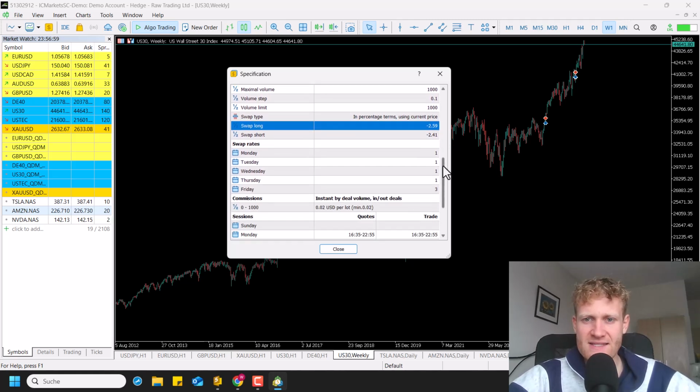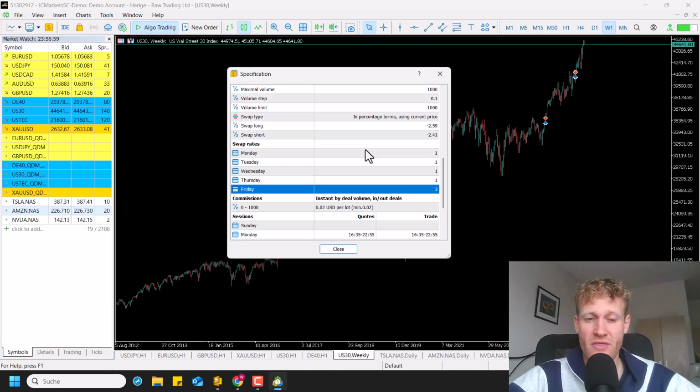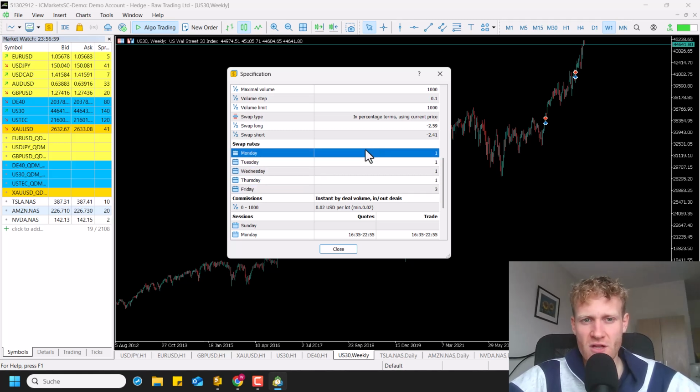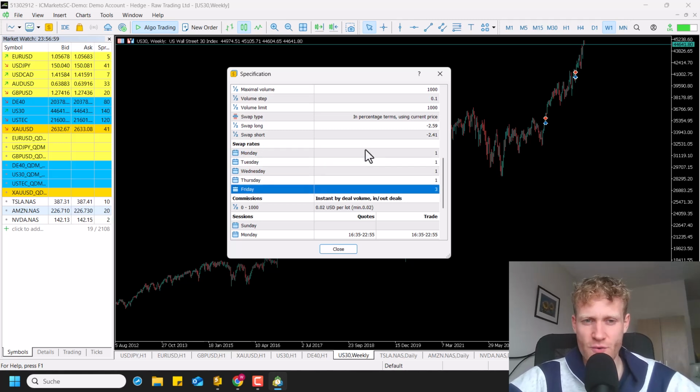And then I realized that these swap rates, of course, are different for all of the days, because we have 5 trading days in the week, and on weekends, there's no trading for stocks. So this is why brokers usually have 1 day with an increased swap rate. In this case, for stocks, it is usually Friday.